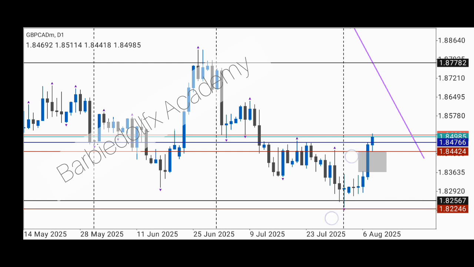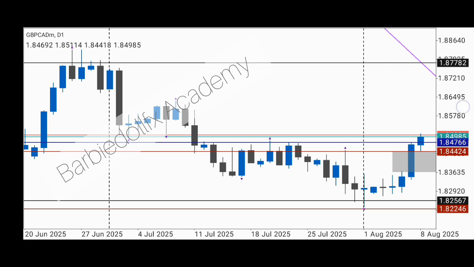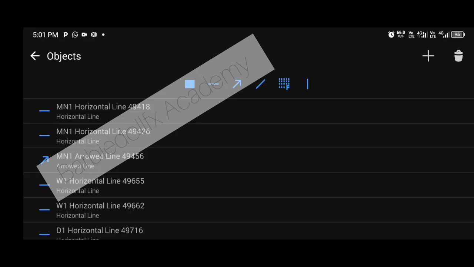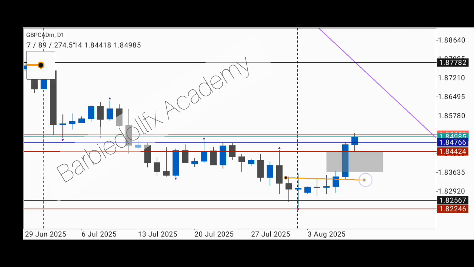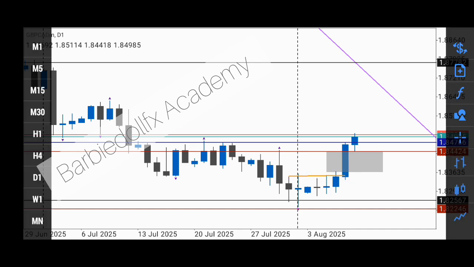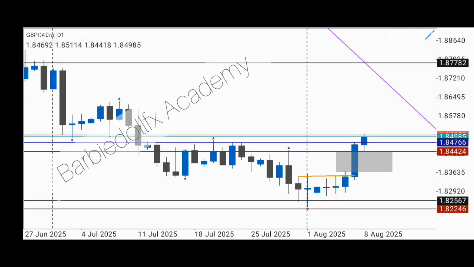You see that from here, this is the last bearish candle before the sweep of the previous monthly low.